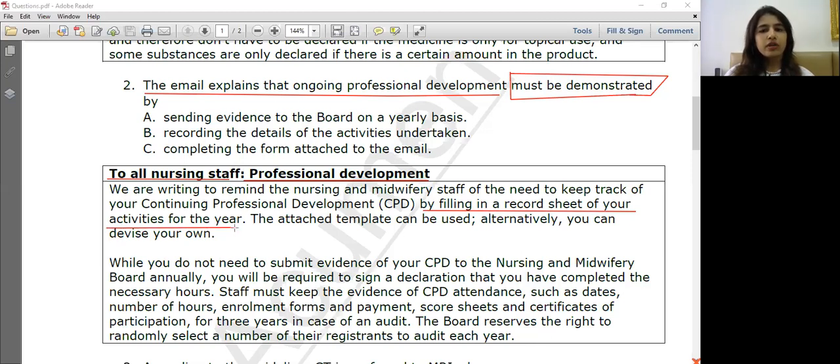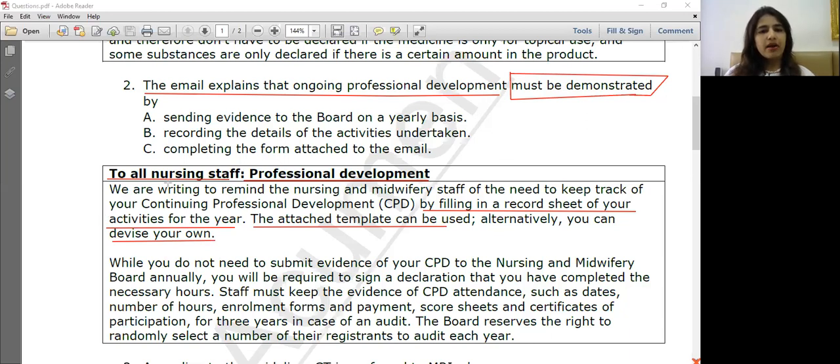So you need to fill a record sheet. They have given that the attached template can be used. "Can be used" is optional. "Must be demonstrated" is compulsory. Alternatively, you can devise your own. Okay. So either you can use the template that is given, or you can develop your own template. Here devise means to develop or to create.